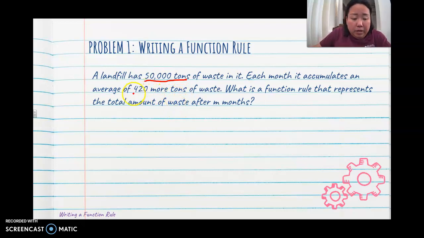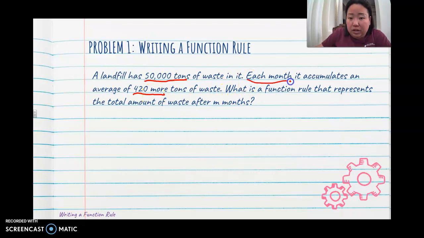So what operation does 420 more mean to us? We know that we will be adding 420 tons to the 50,000 tons that's already in the landfill, but how frequently do we add the 420? It is every month.